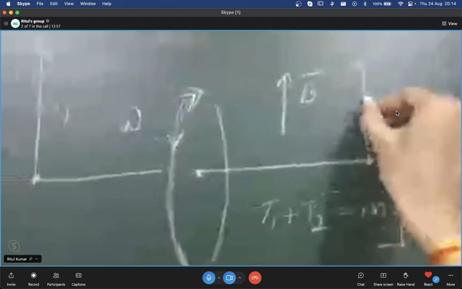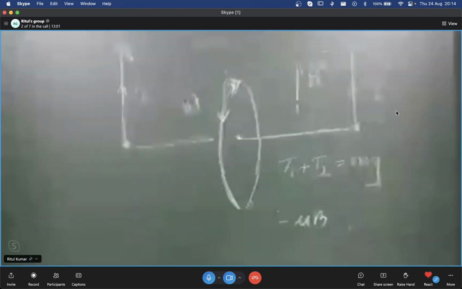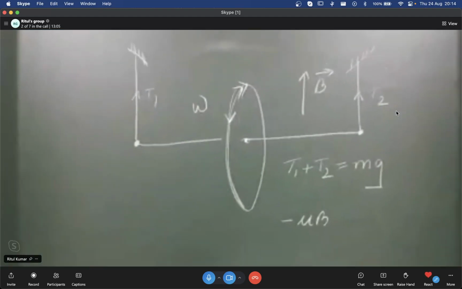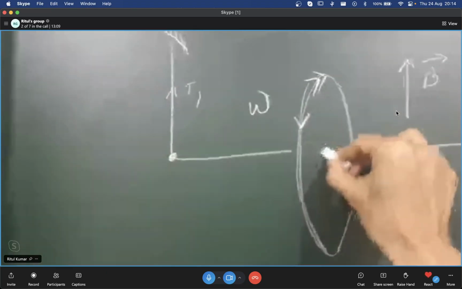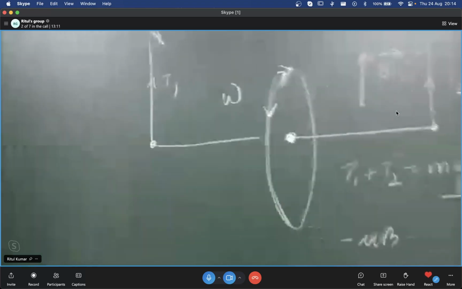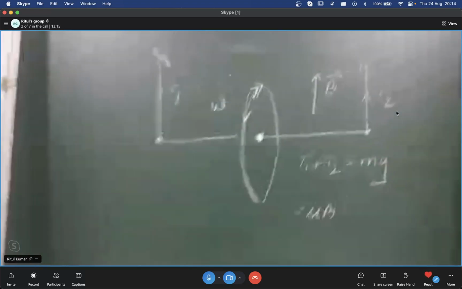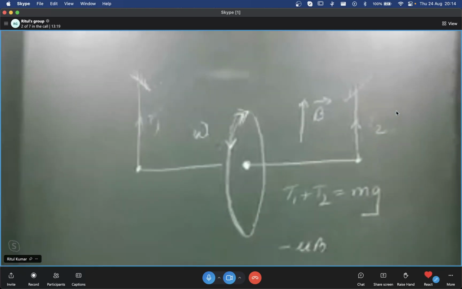And this is T1, this is T2. Then which one will produce into-the-board torque? About what point are you calculating torque? I have taken calculation from this point. So I got mu cross B, and my equation will feature both T1 and T2, right?